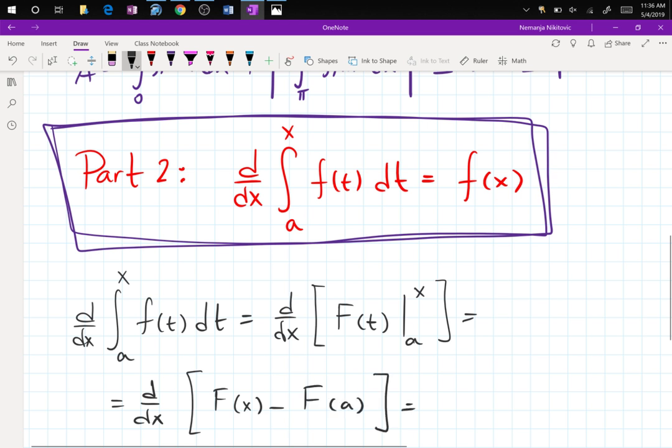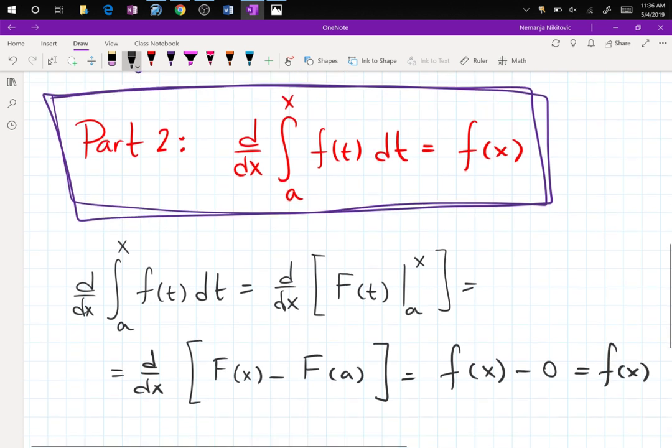Now f of a is a number, so when you take the derivative, antiderivative, you get the function back, but now it's in terms of x. Minus 0 is just f of x. So this is the way for us to just confirm that this calculation makes sense. So all I did is a basic definite integral.